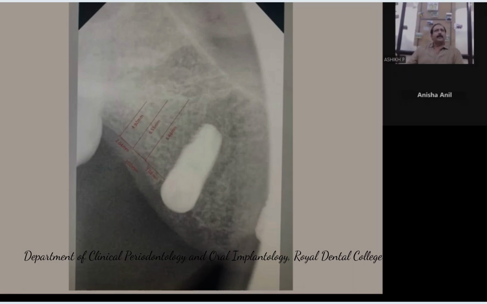That is 3 millimeters away from the nearby implant and 2 millimeters away from the nearby tooth. Very good. So what diameter did you get there between these two areas? 4 millimeters.